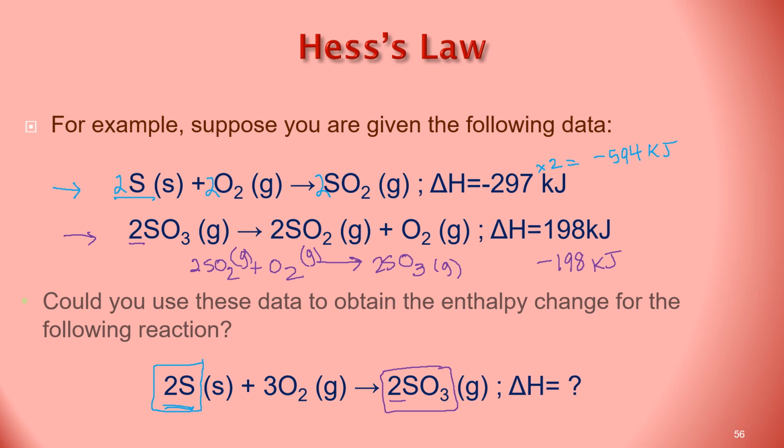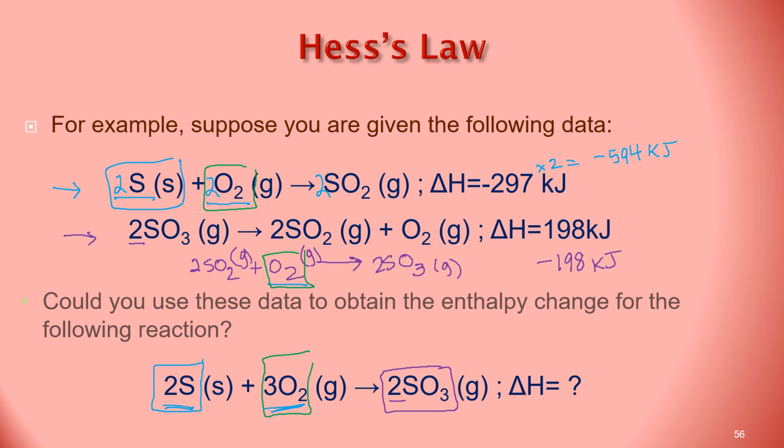I've got 2S. So I'll go back to my blue. I've got 2S on the left. I actually have 2O plus one more O, so I have 3O. Let's try a different color. 3O on the left. So S plus 2O plus another O. I also have an SO2 on the left, which doesn't show up here.